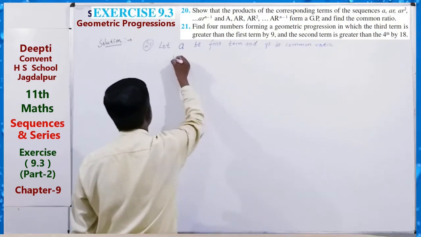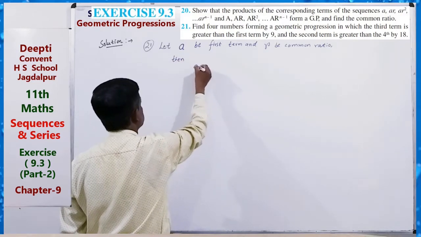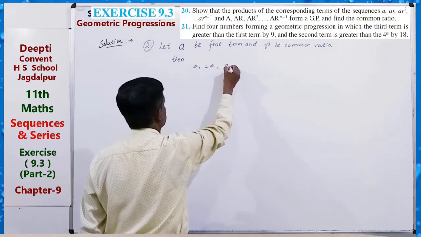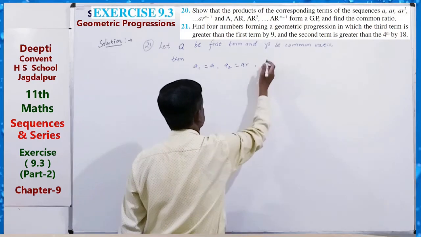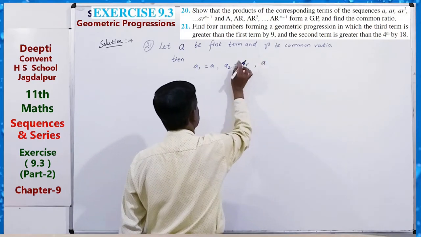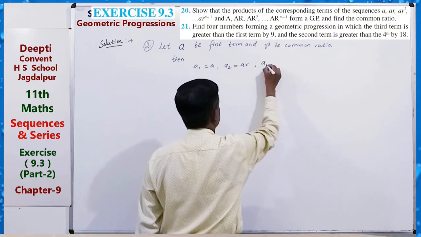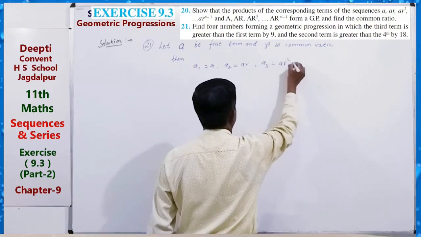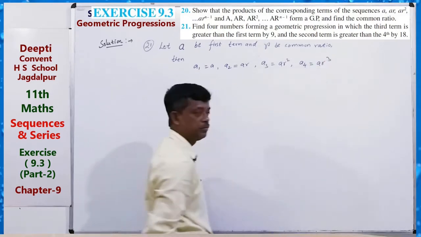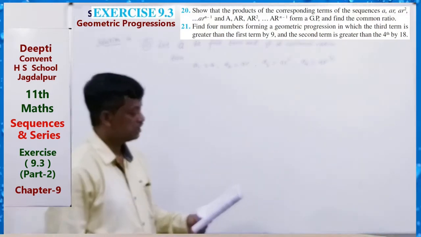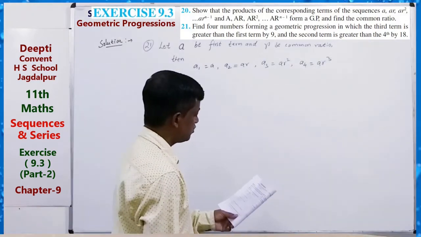Then the first term is a, second term ar, third term ar square, fourth term ar cube. Here it is given that the third term is greater than the first term by 9.